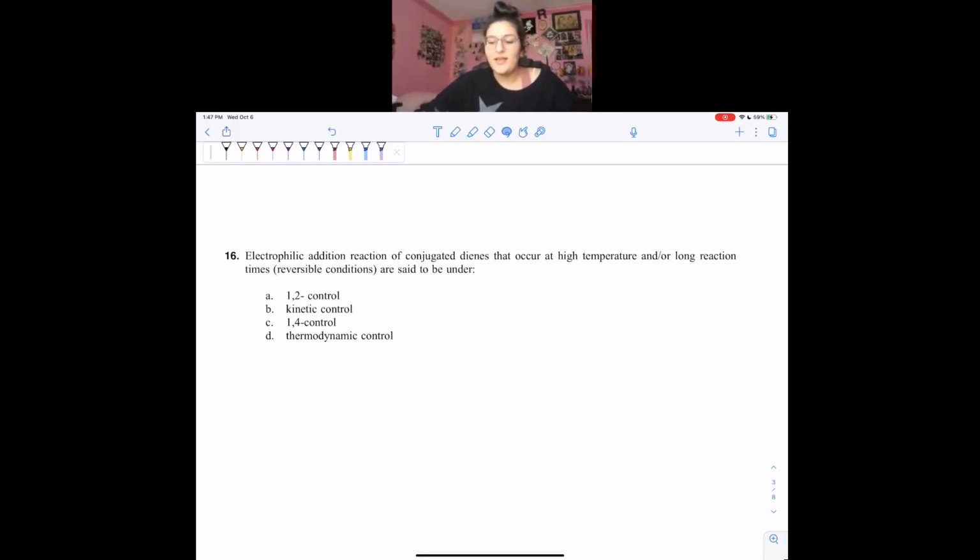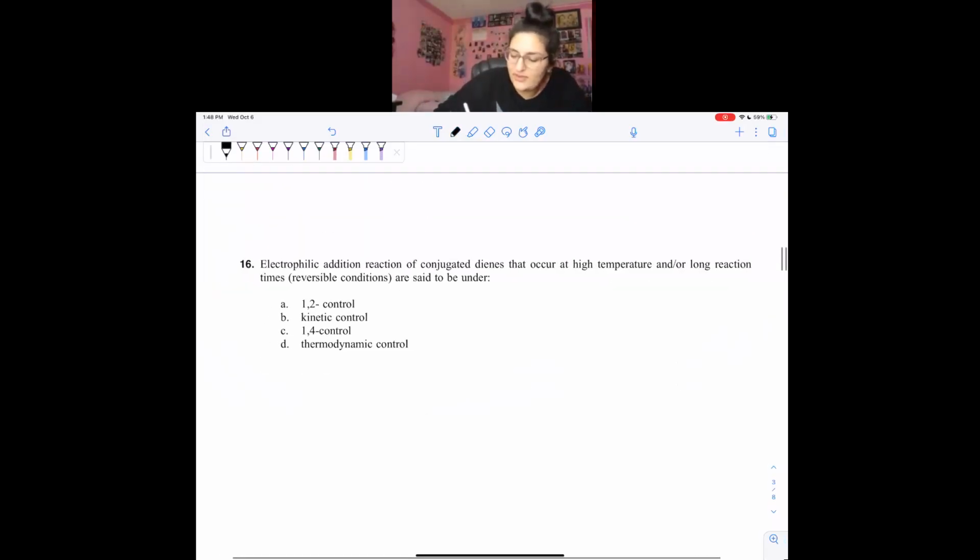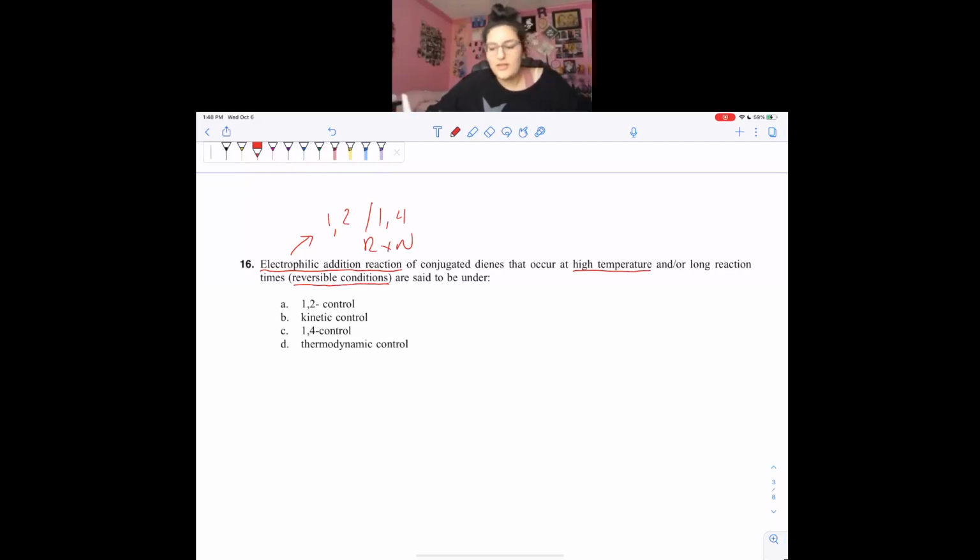Okay, sorry about that. So this question right here is actually about 1,2 and 1,4 reactions. It's essentially asking you, in the electrophilic addition reaction, aka 1,2 and 1,4 reaction, at high temperatures, or when it's reversible, what do we prefer?